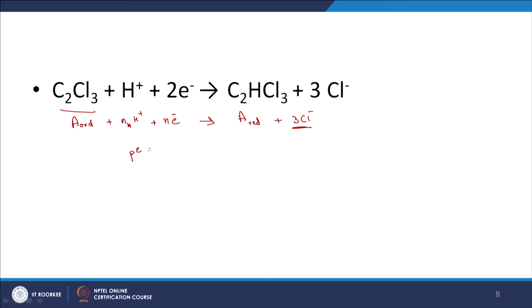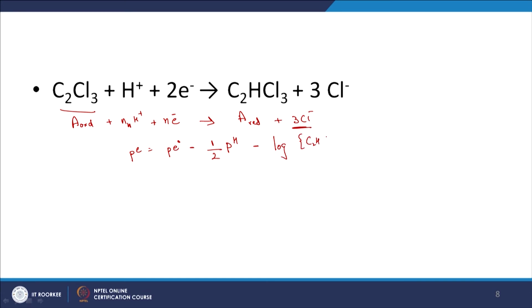So, we have pe equal to pe naught minus NH by N times pH, minus log Q dash. What is log Q dash?